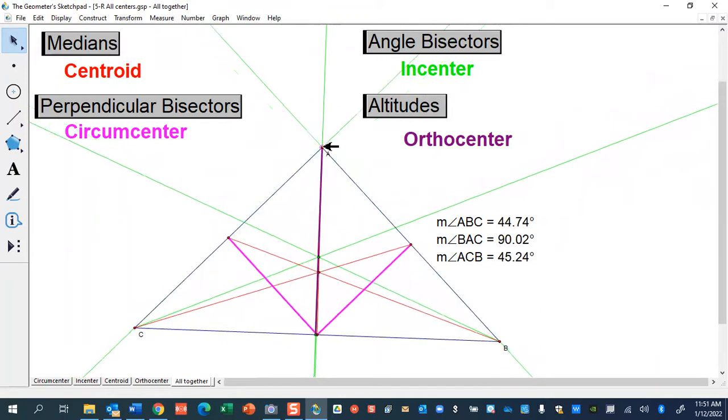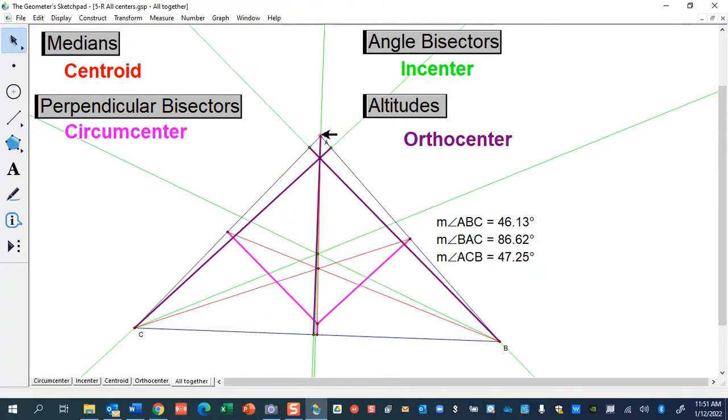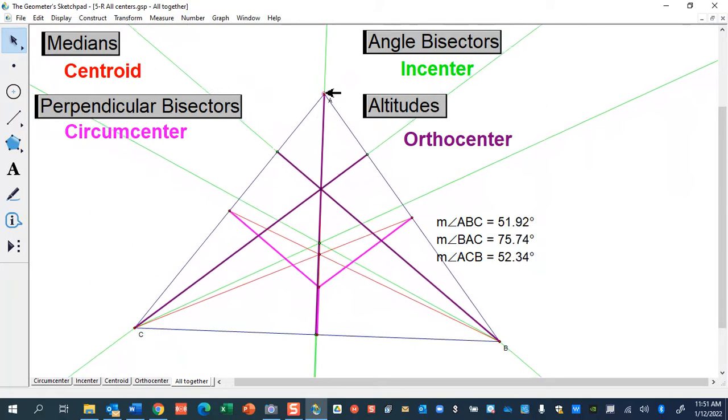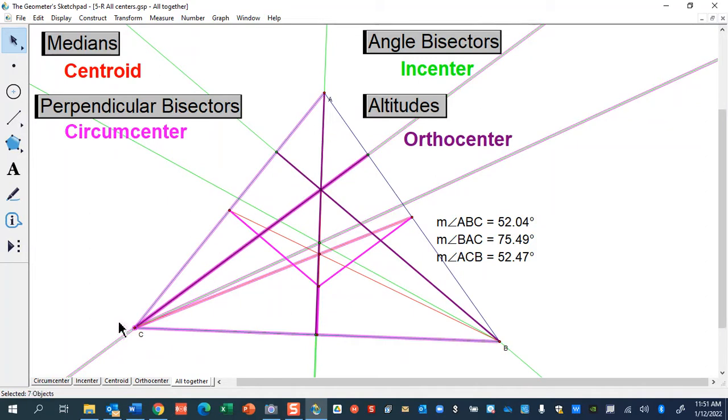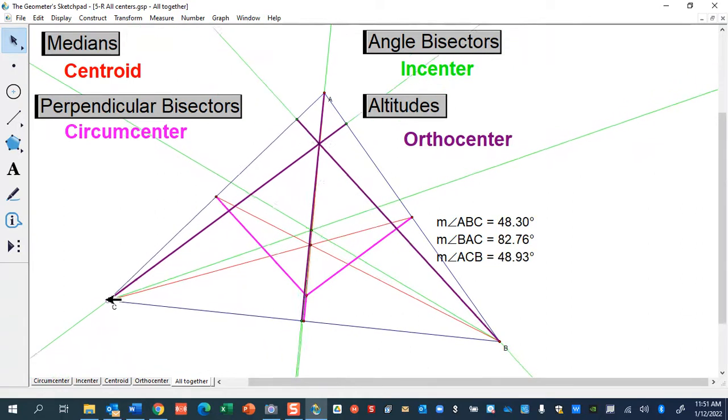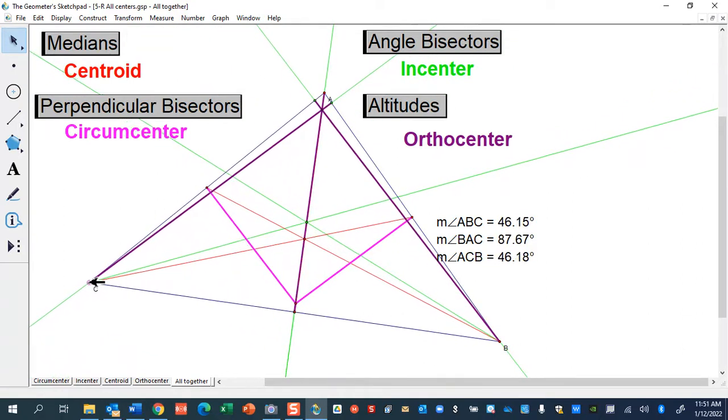Obtuse? No, right. Sorry, right, guys. What kind of triangle is that? Right triangle. Oh, wow. What's going to happen next? Who knows what I'm going for? Obtuse? No. Yes.